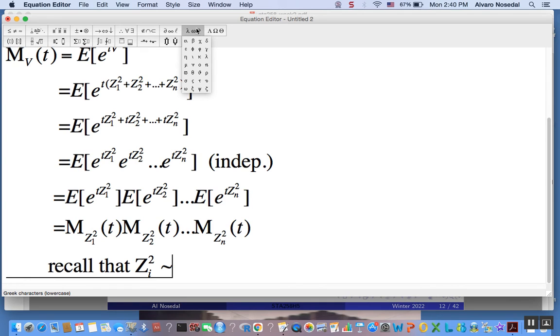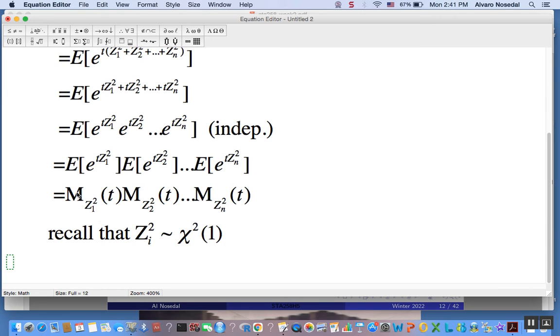So that's going to be useful as well. Let me find that. There we are. Chi-squared with 1 degree of freedom.